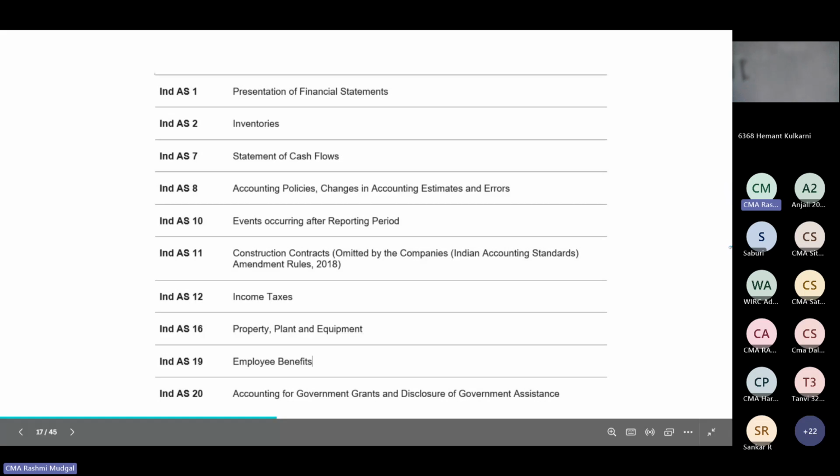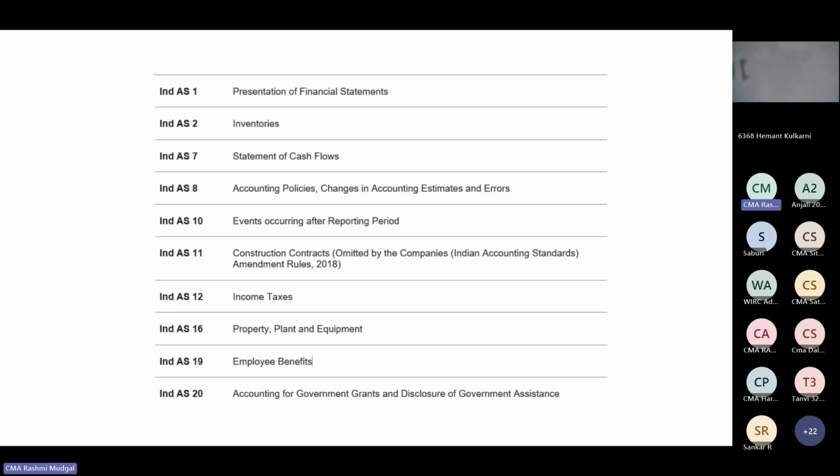So presentation of financial statements, the font usage, everything has been laid out in Ind AS 1. In Ind AS 2, it was inventory valuation: how we will go with LIFO, FIFO, weighted average, which method we need to take, because we wanted to standardize it with the international standard. We came up with the solution that we will adjust our inventories as per this method only.